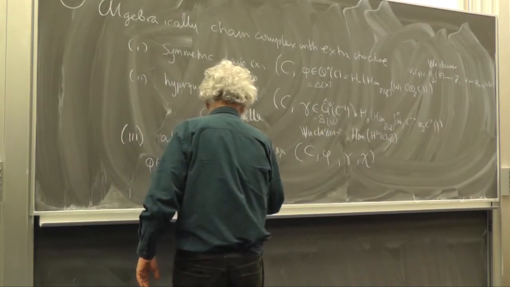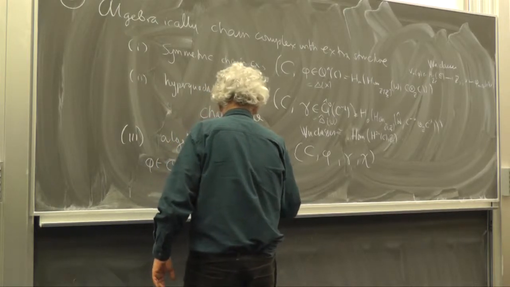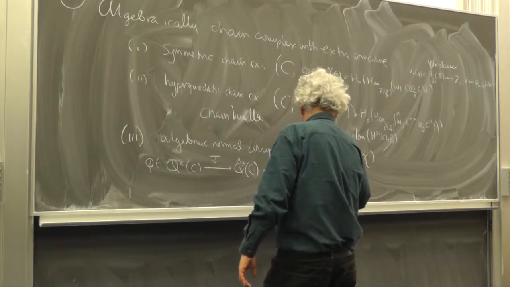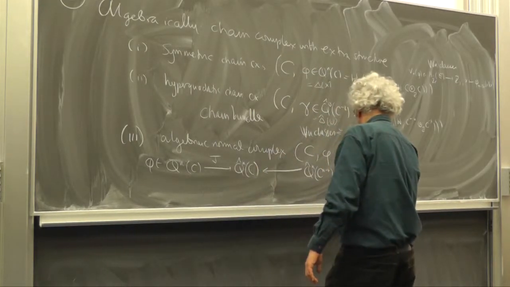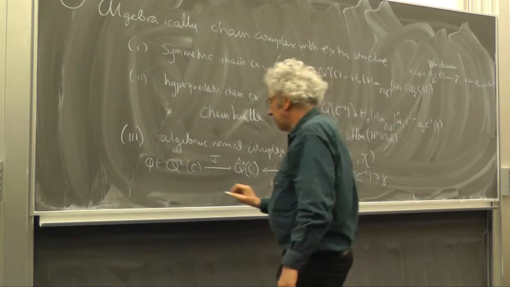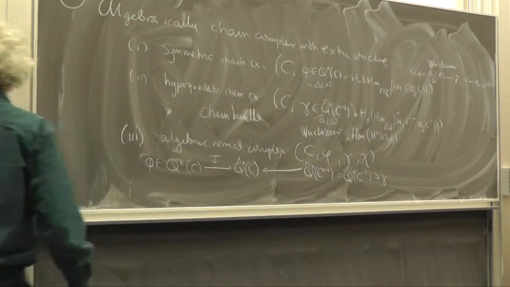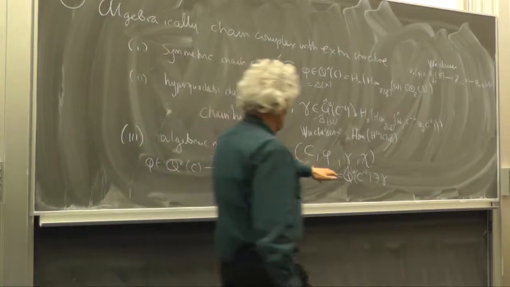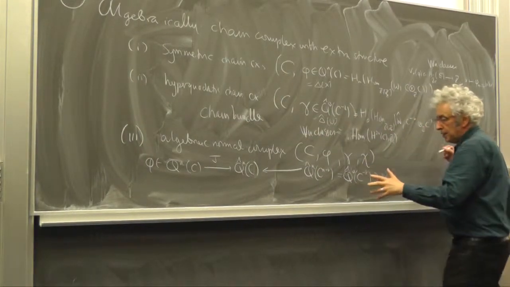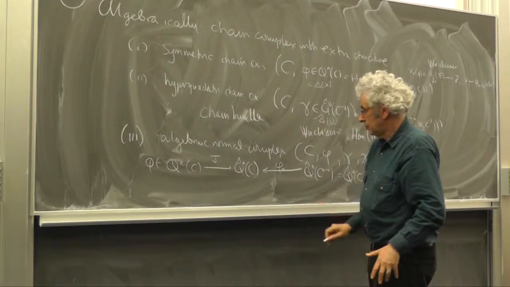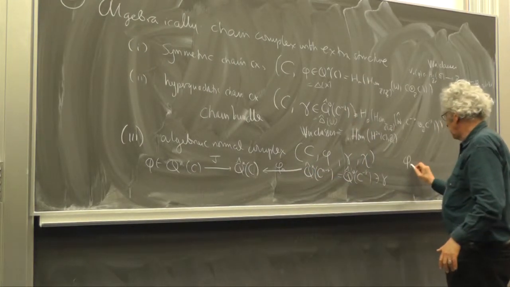Then there is this. So there are two things. There's a symmetric structure coming from the evaluation of the fundamental class. And you've got a chain bundle over here, and there's a map from here to here given by phi naught. So phi naught is a chain map.